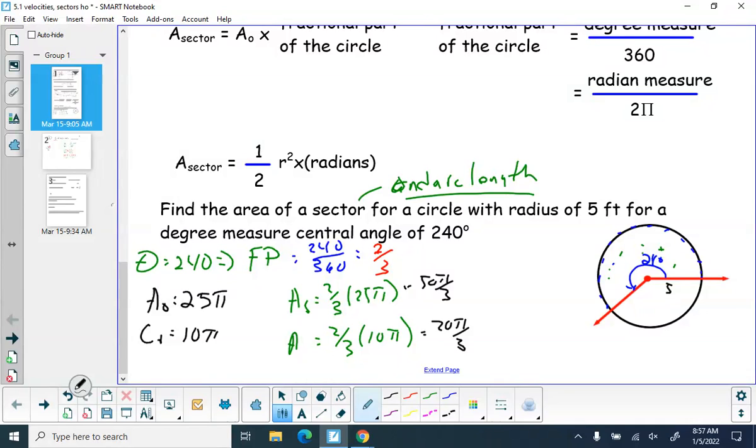Now, if we go into the formulas, 240 degrees. 240 degrees, what would that be in terms of radians?